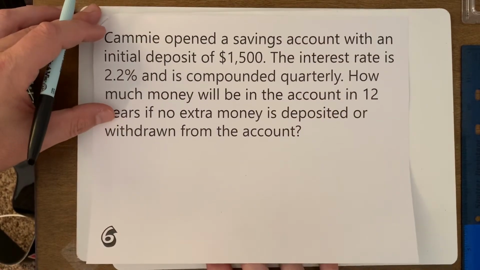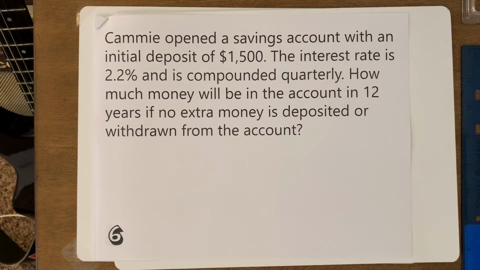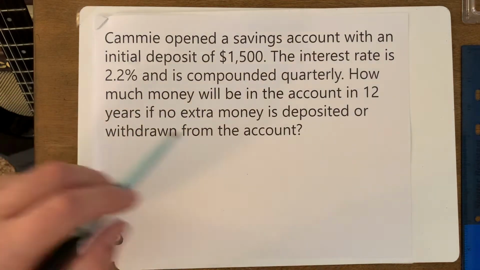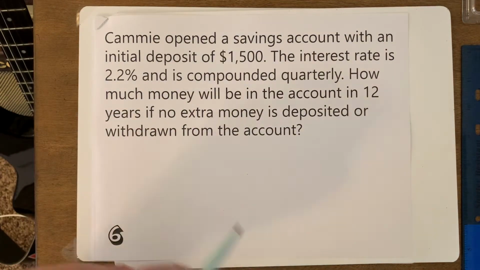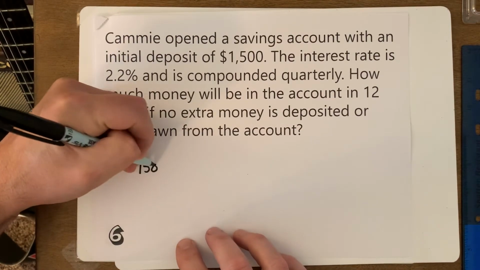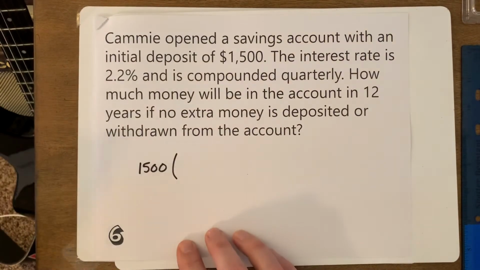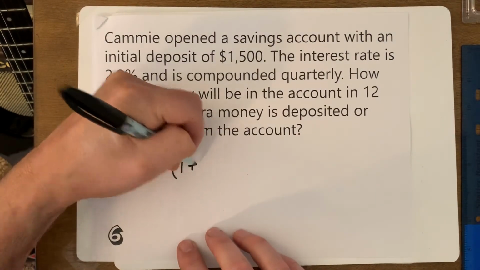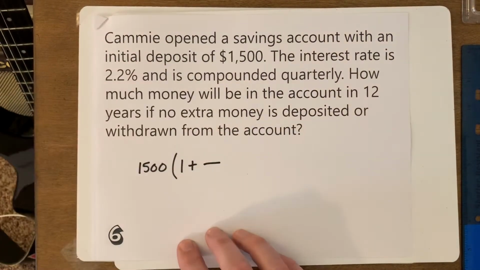Cami opened a savings account with an initial deposit of $1,500. The interest rate is 2.2% and is compounded quarterly. How much money will be in the account in 12 years if no extra money is deposited or withdrawn from the account? All right, so now we have compound interest. So we have $1,500, okay, and we have 1 plus our rate, but now we have that other formula, right?